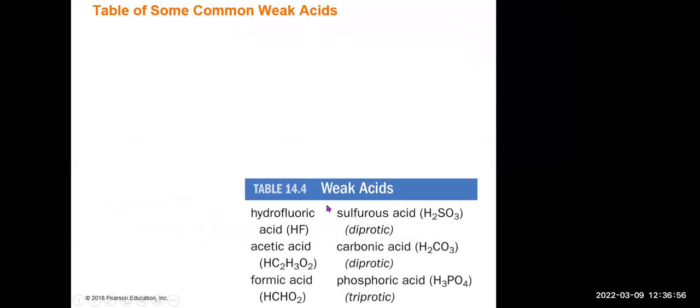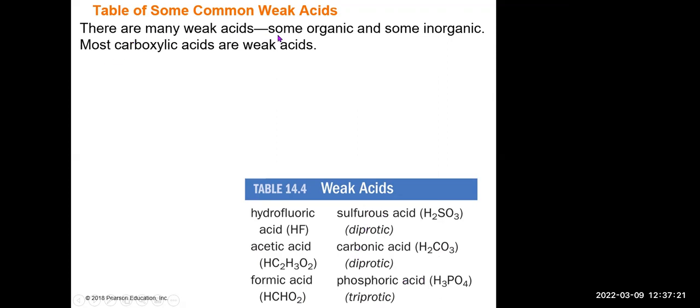And here are some of the common weak acids. We saw some of them before, for example, HF, which we just saw on the last few slides. Acetic acid, carboxylic acids, formic acid, and some inorganic acids like sulfurous acid, carbonic acid, and phosphoric acid. There are many weak acids, some organic and some inorganic.